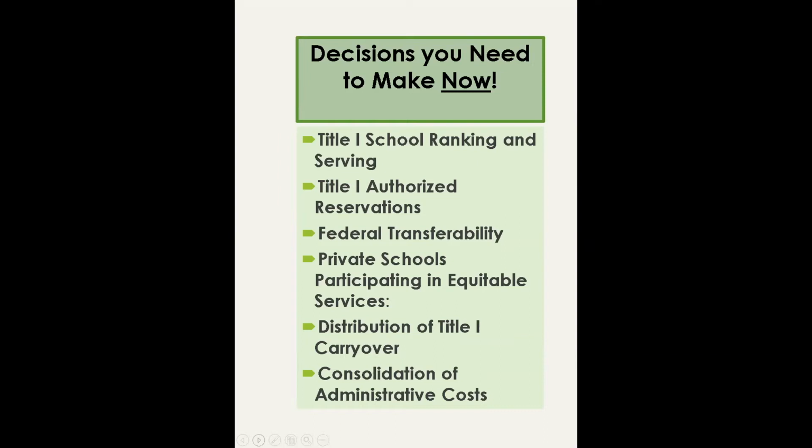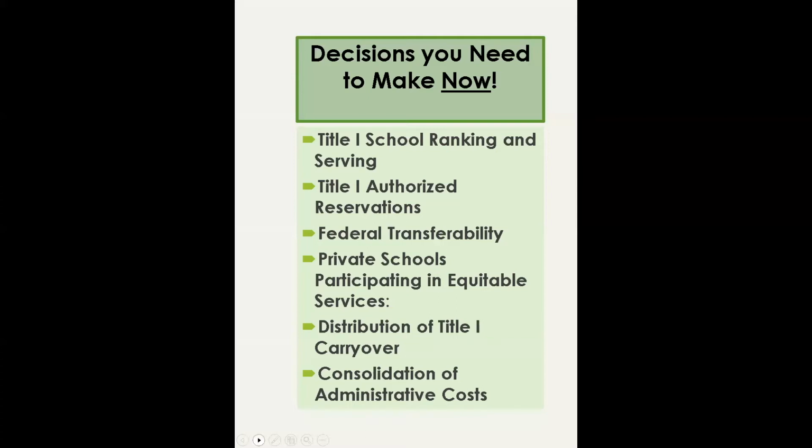Title I carryover: you need to know what you're going to do with any carryover that you have. Is it going to individual school sites, or is it going for a reservation? How are you going to do that? And are you going to consolidate administrative costs? So lots of things need to happen now that aren't reflected in the application, but they affect schools.